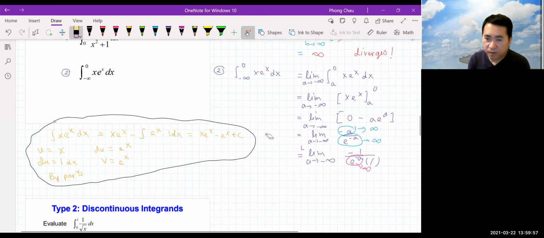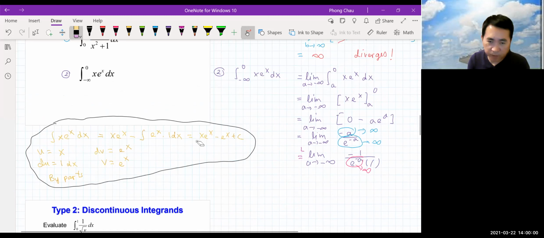This is apparently not the right antiderivative. The antiderivative is x e to the x minus e to the x. Even from here it's wrong, because the antiderivative should have an extra minus e to the x there, from a to 0. So when I plug in, all of this is wrong; we have an extra term.